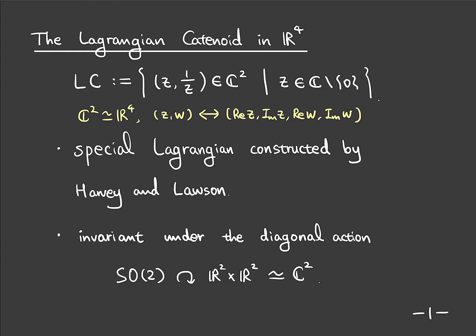As it is a holomorphic curve, it can also be considered as a minimal Lagrangian for some orthogonal complex structures in R4. So it was one of the special Lagrangians constructed by Harvey and Lawson.